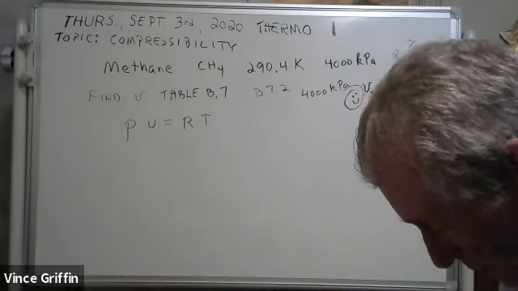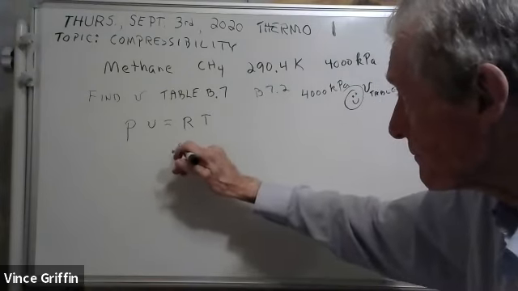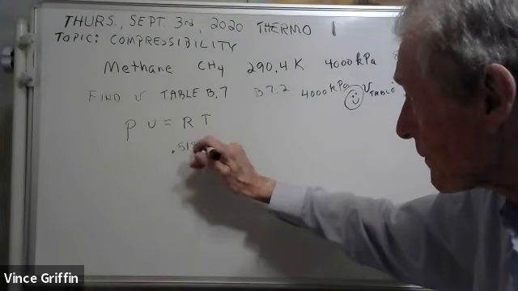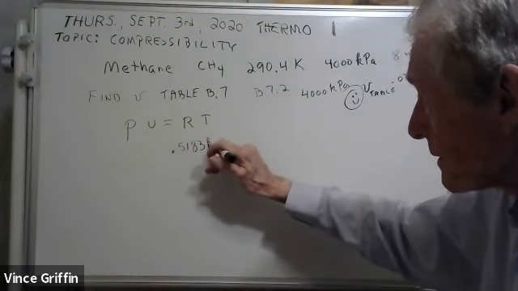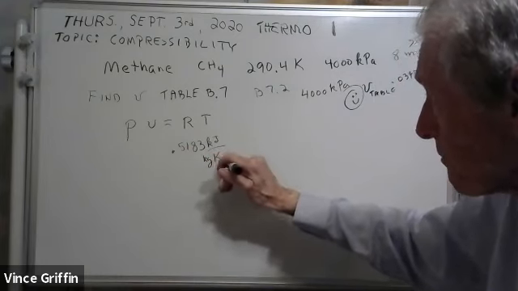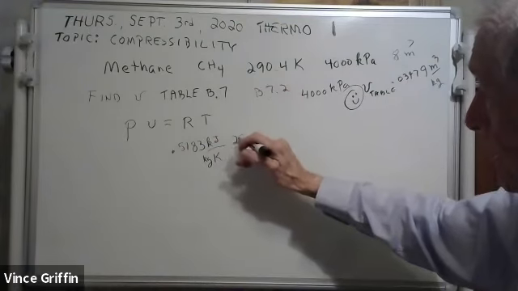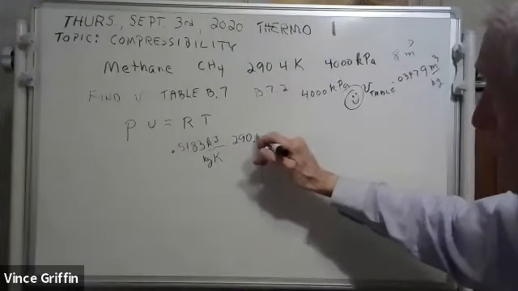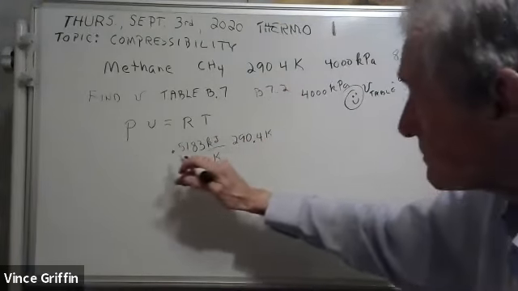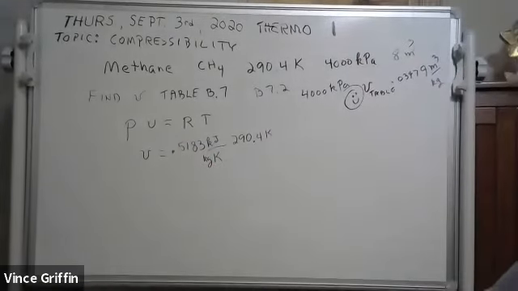I'm getting 0.5183 kilojoules per kilogram Kelvin. Now we already have Kelvin, so it's 290.4 Kelvin. And we have the pressure, it's 4,000.